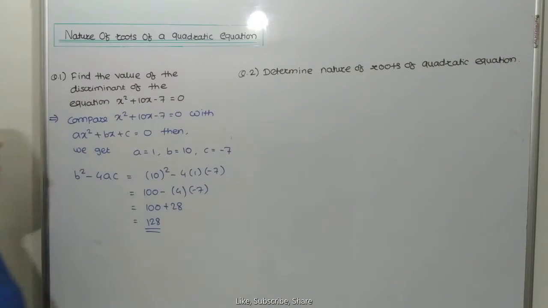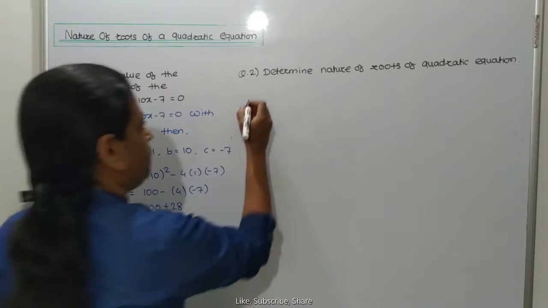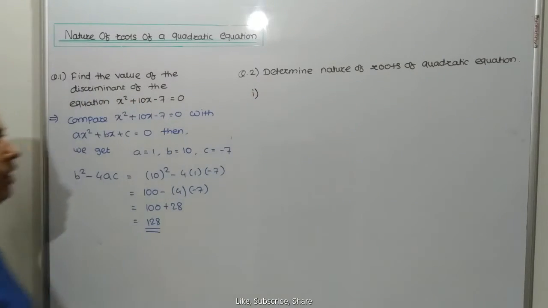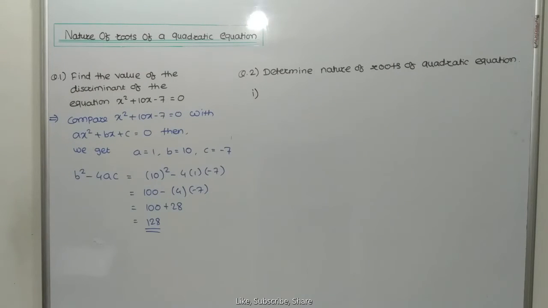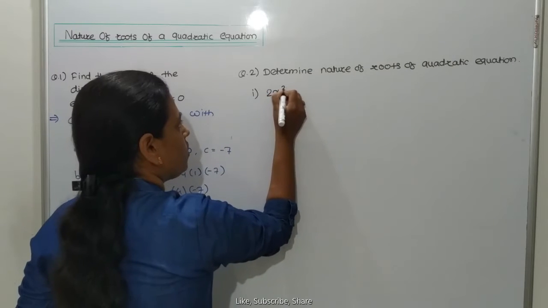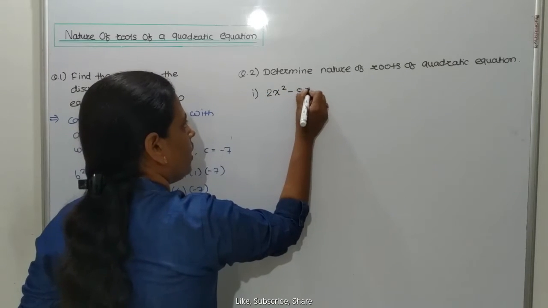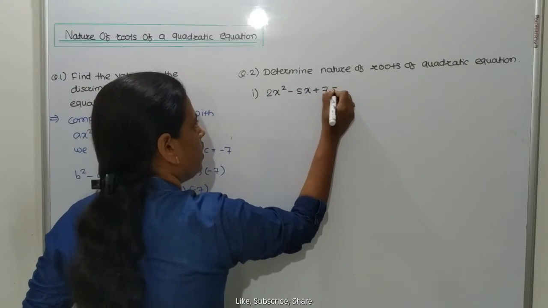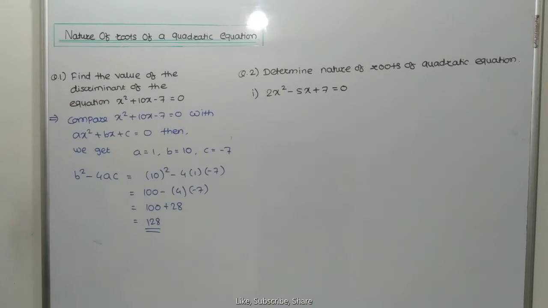The first question is 2x square minus 5x plus 7 is equal to 0. We have to find out the nature of the roots.